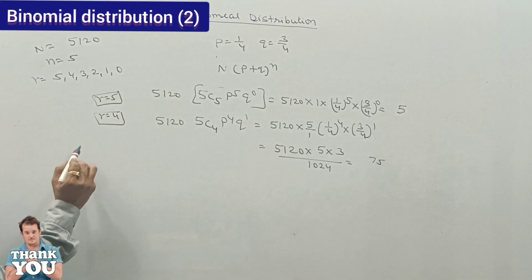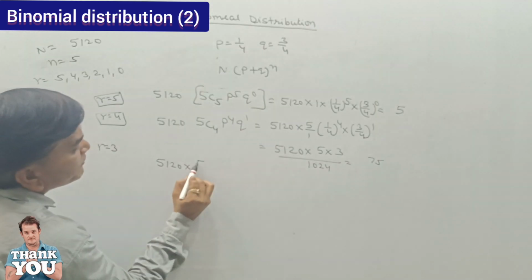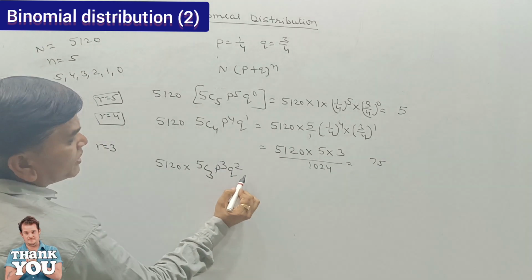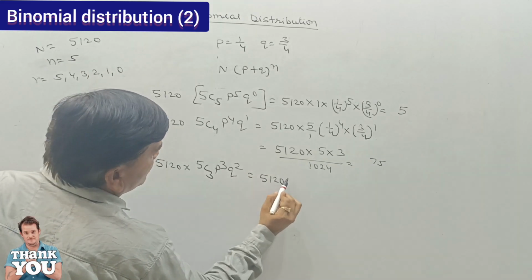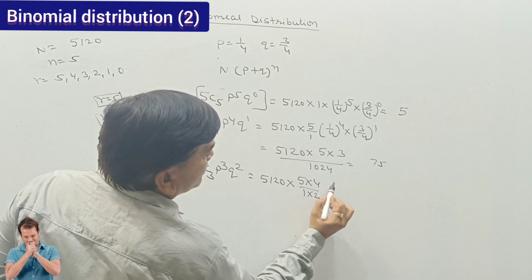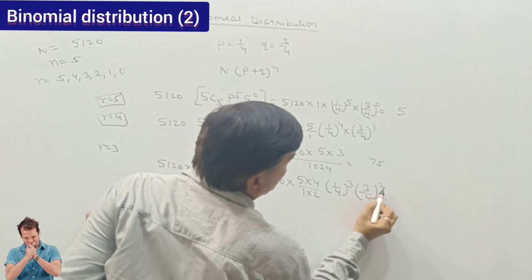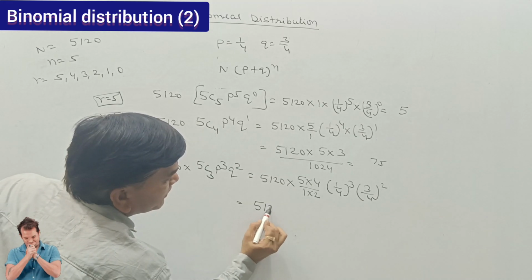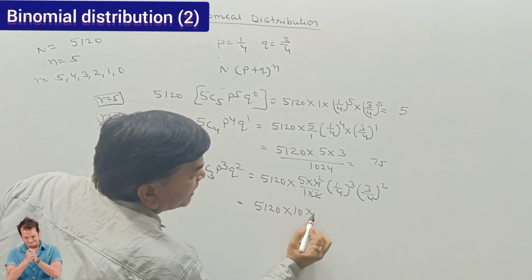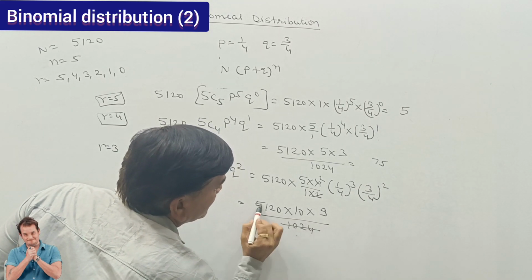3 destroy will be over there. So that is 5120 multiply 5C3 P raised to power 3 Q raised to power 2. So that is 5120 multiply 5 multiply 4 upon 1 multiply 2, 1 by 4 raised to power 3 and 3 by 4 raised to power 2. So the calculation is 5120 multiply by 10 multiply 3 3 is 9 divided by 1024.